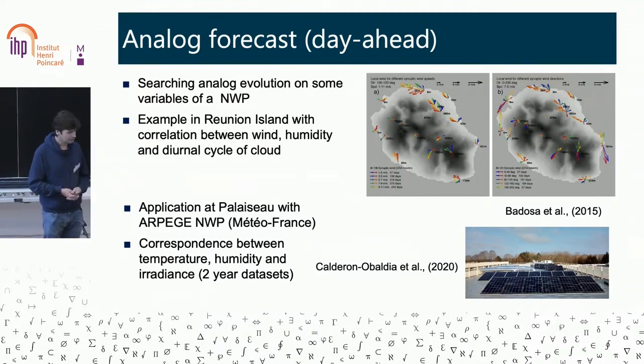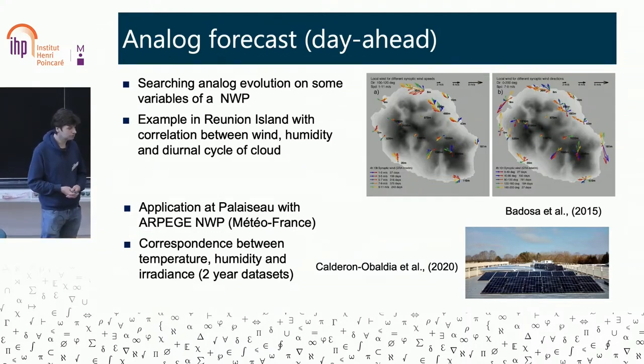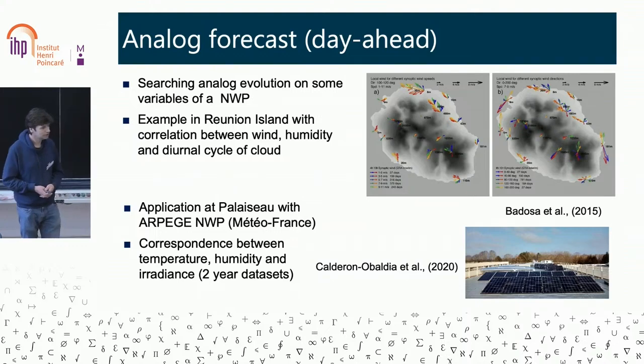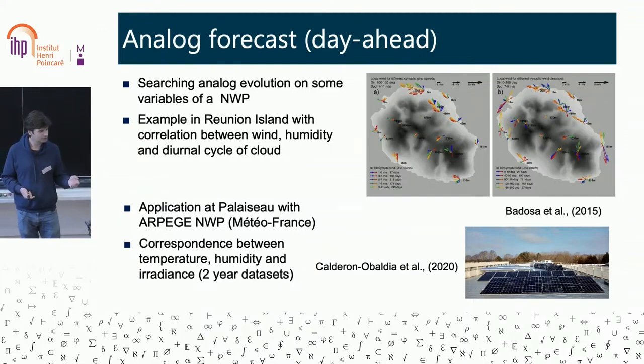So, analog forecast is to find correlation between variables which are not especially linked to irradiance, namely wind, humidity, diagonal circle of clouds. The idea was, if in the morning we have this humidity, this wind speed, this temperature, and this kind of clouds, then we have a probability to get this situation in the afternoon.